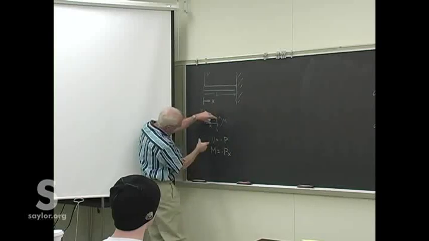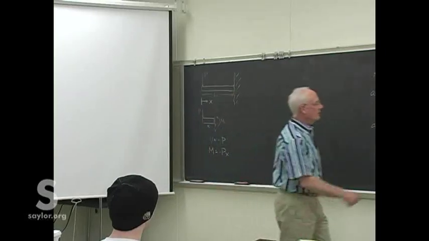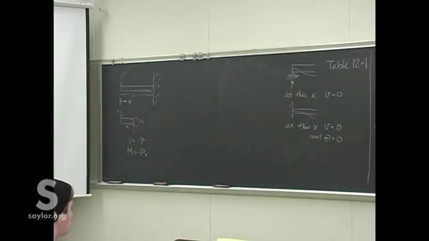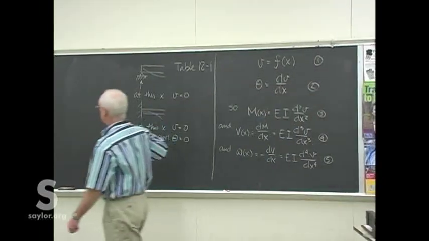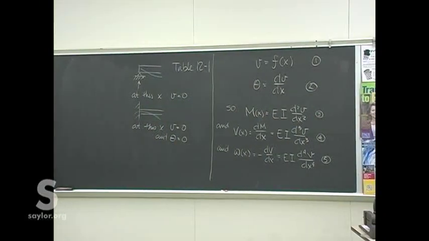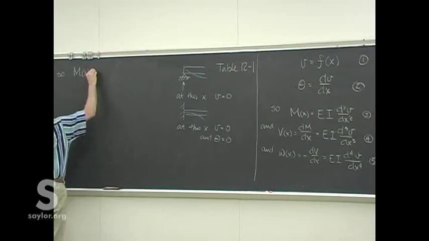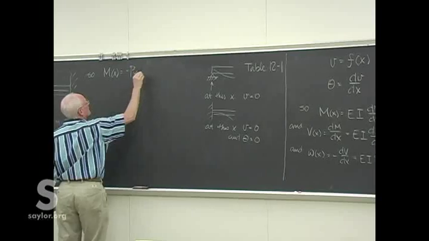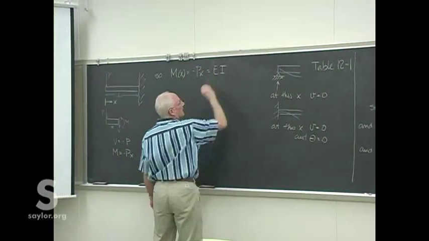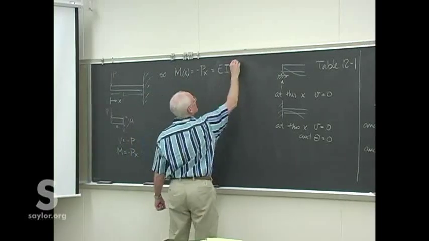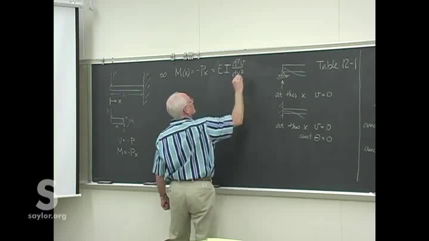We need a moment that way, so we'll have a minus sign there. So we've got the moment as a function of x, and we can start right here then. Moment as a function of x is minus Px, and that equals E, I, times the second derivative of this curve that we seek.